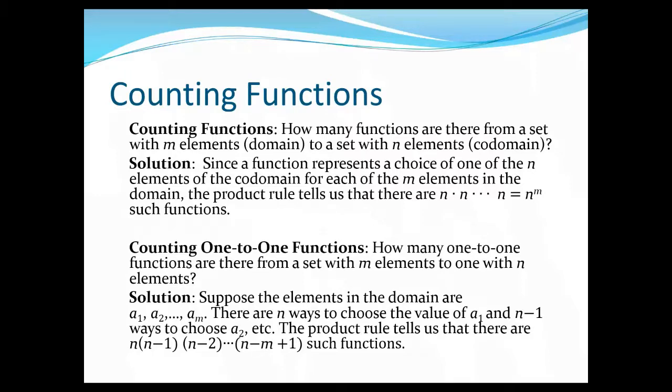Generally, to generalize that, the result will be n for the first position, times n minus 1 for the second position, n minus 2 for the third position, times up to the last position, n minus m plus 1. Why m plus 1 here? Because on the first position we start with 0, subtracting 0, so the range is 0 to m.